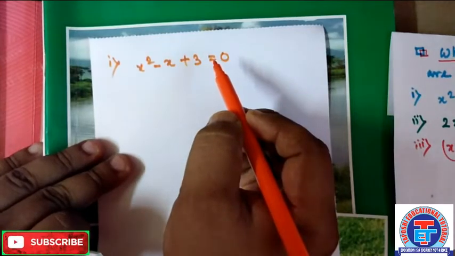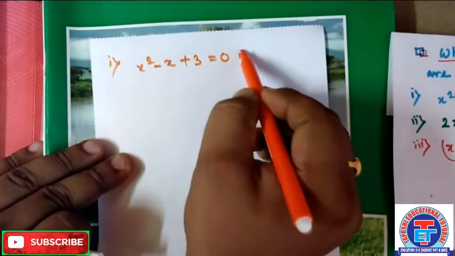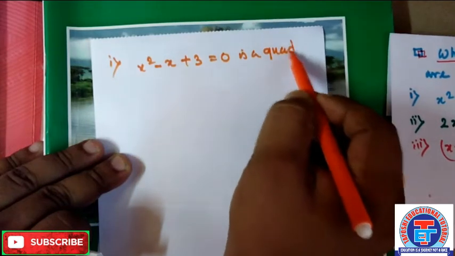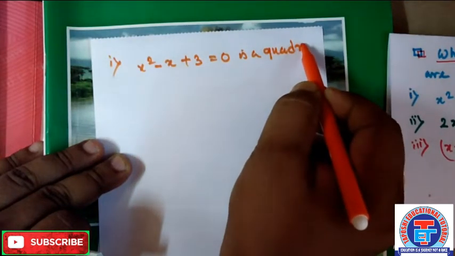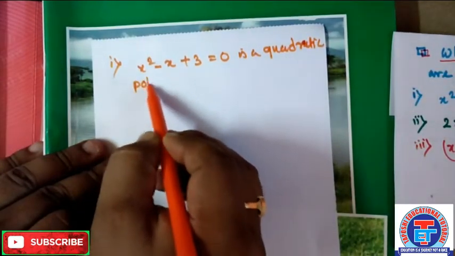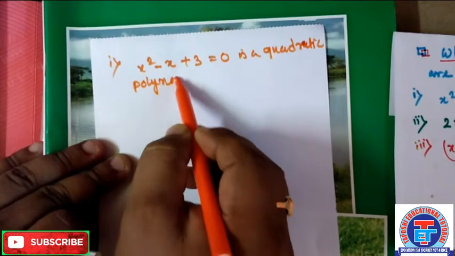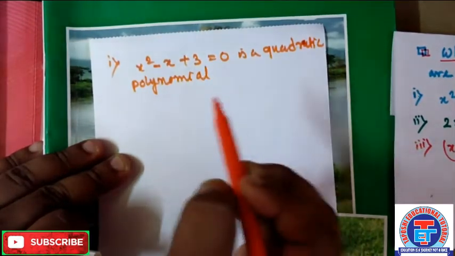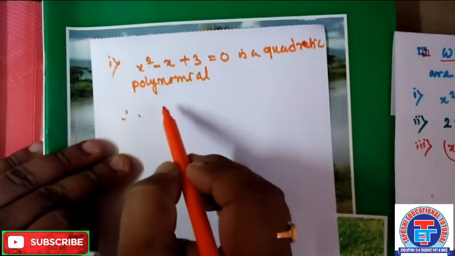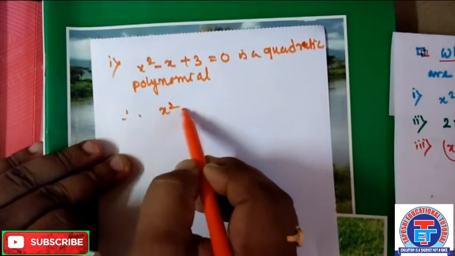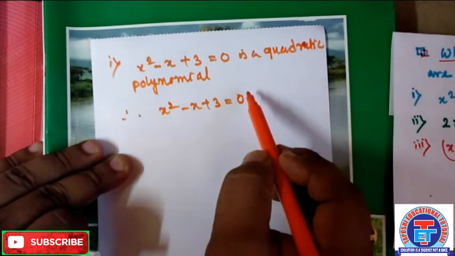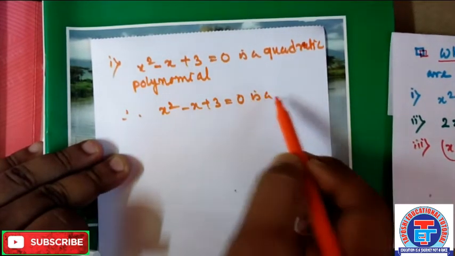Right. It is a quadratic polynomial. So therefore we can write x square minus x plus 3 is equal to 0 is a quadratic equation.